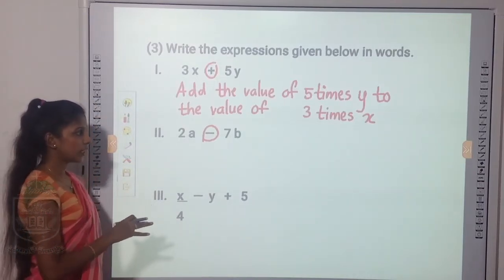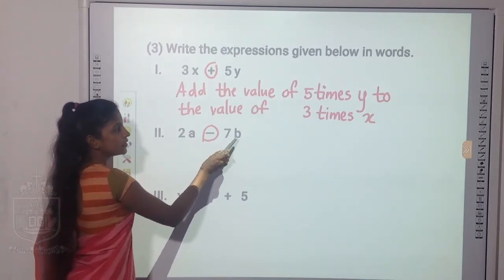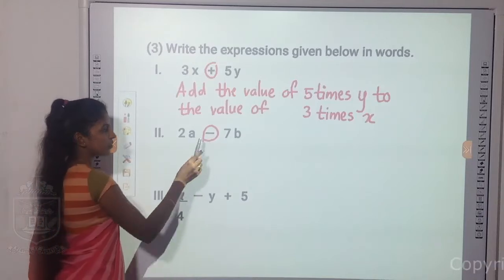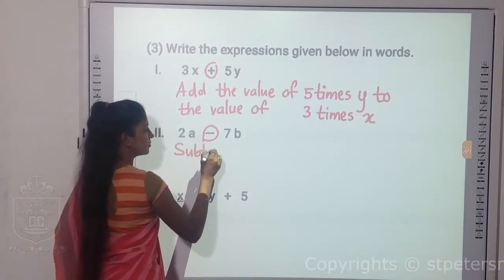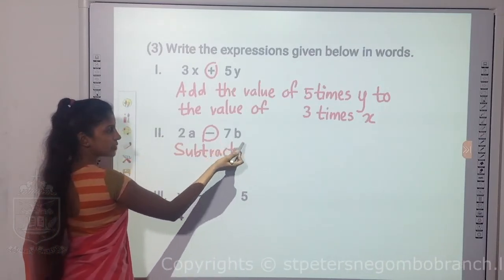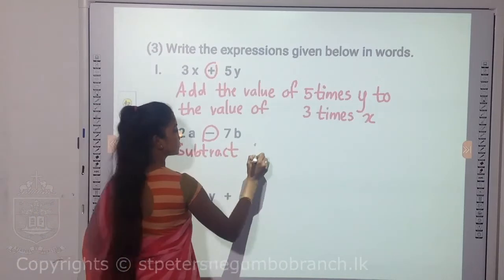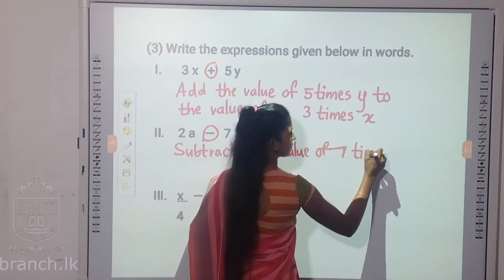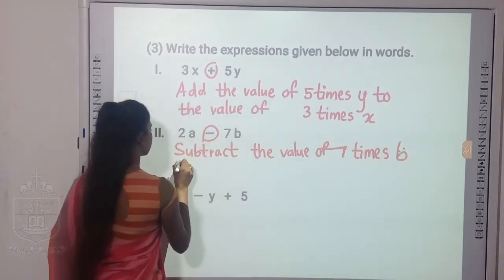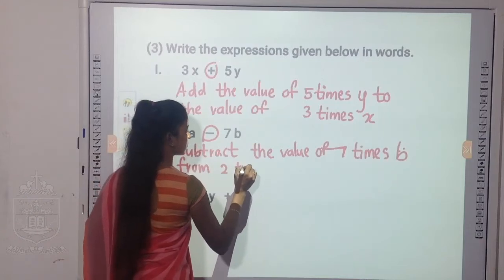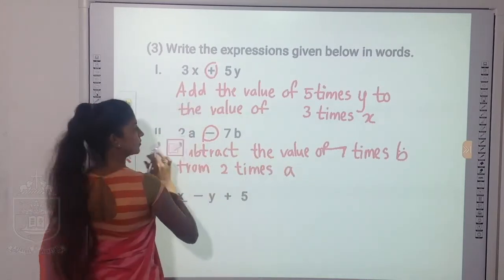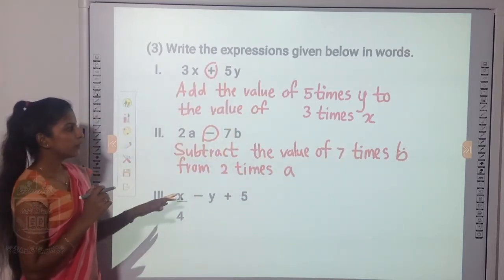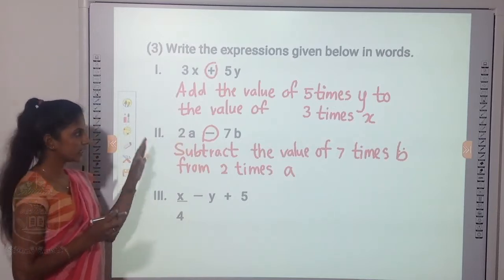So here you have to write: subtract the value of 7 times b from the value of 2 times a. Likewise you can write it in words.